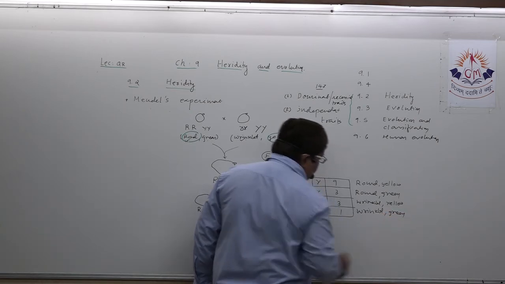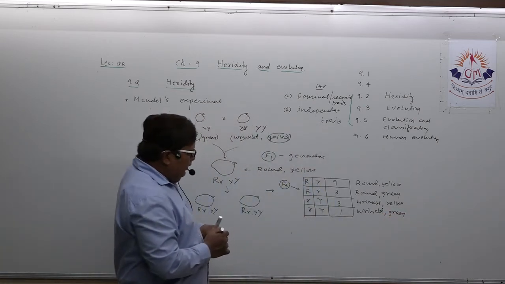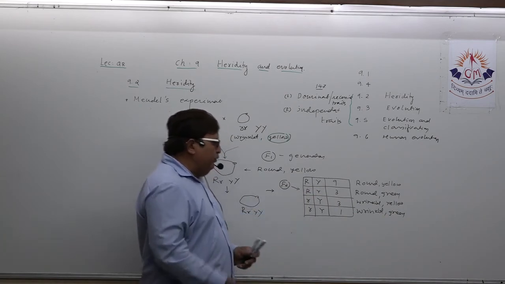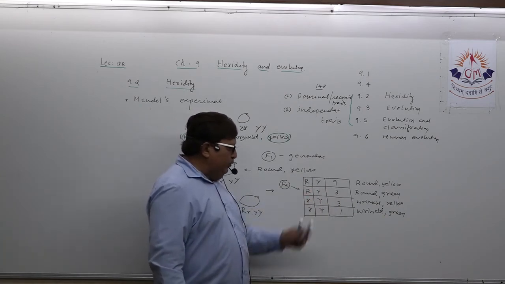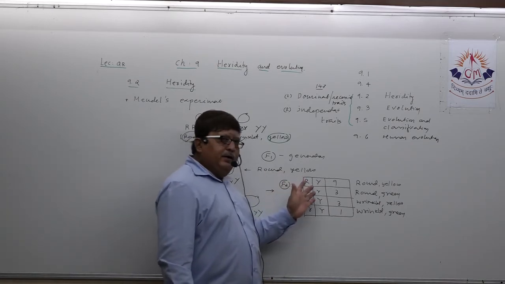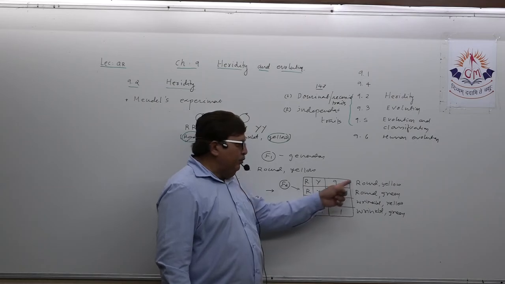So you understood that in the next generation, the plants are produced in the ratio 9 is to 3 is to 3 is to 1. Which plants are found most in the F2 generation?